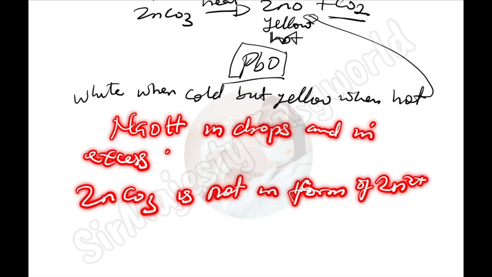But when you add acid, it will dissolve in that acid. If it is HCl, it will form zinc chloride. If it is H2SO4, it will form zinc sulfate, which is soluble and gives you the zinc-2 ion. So you now just go and study the test for the zinc-2 ion.